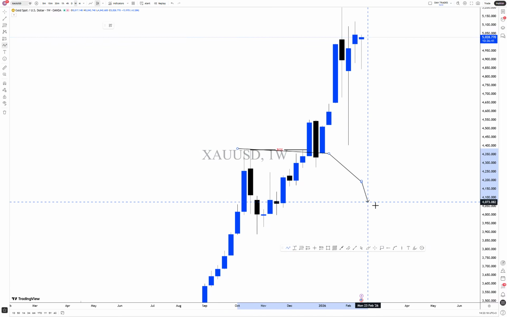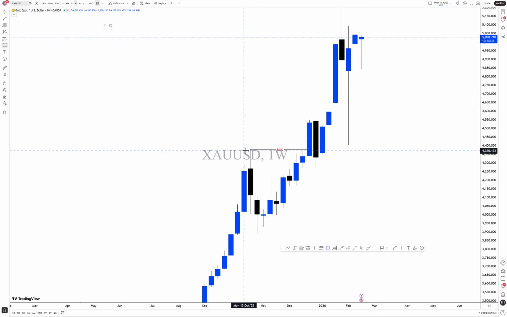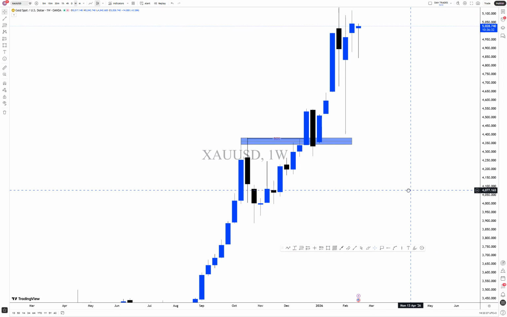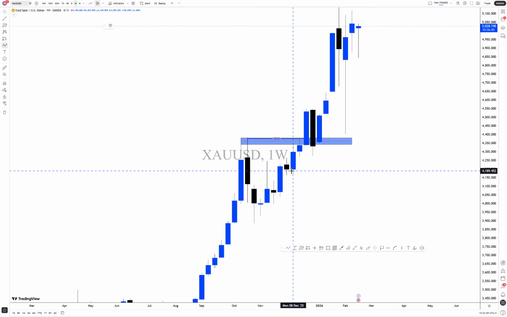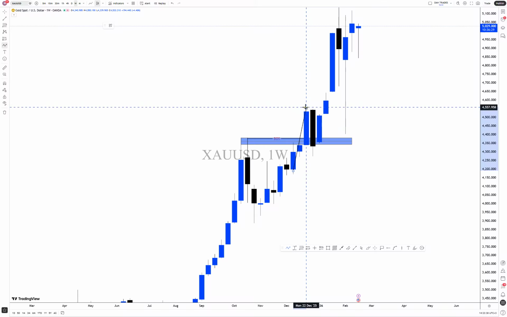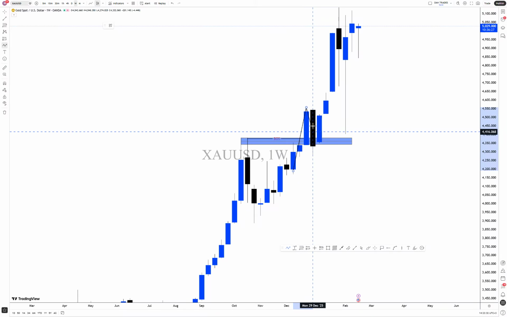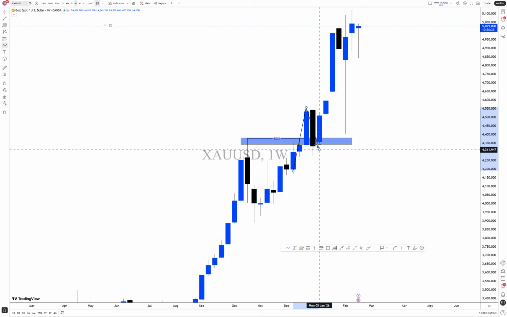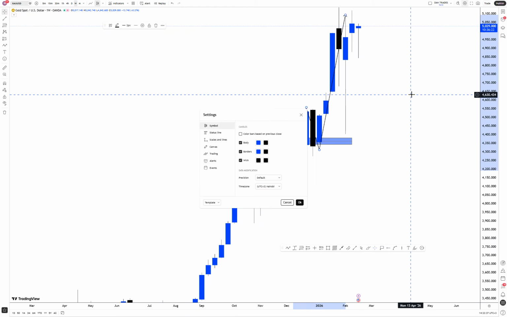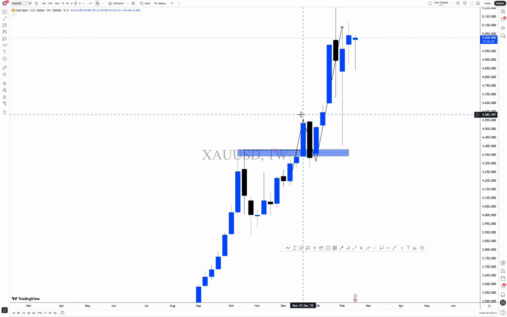It acted as a resistance zone, around this swing high. So we broke above that resistance, turning it into what? Support. And then we had that retest, so that we can have the continuation of that buy, right?